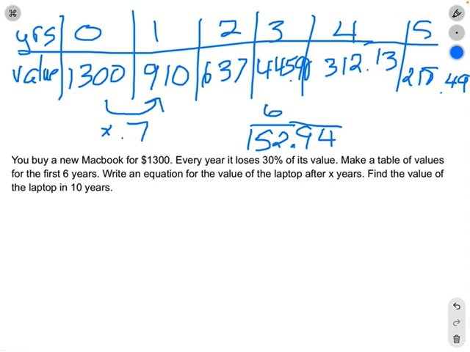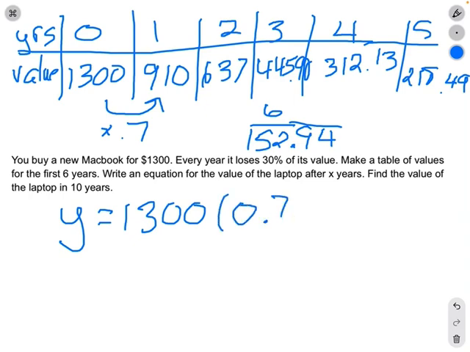So what I'm doing over time here is I'm taking what I start with, $1,300, and I'm multiplying that by 0.70 to the x. So for every year, I multiply it by 0.7 again. So for 6 years, I multiplied it by 0.7 to the 6th.